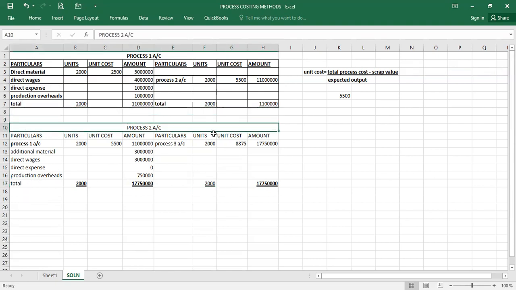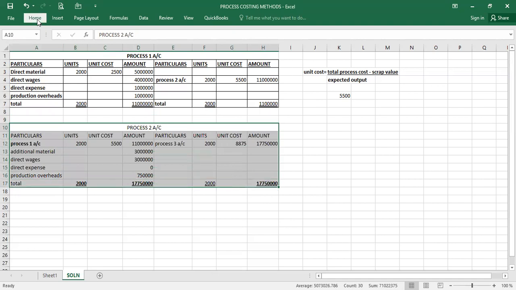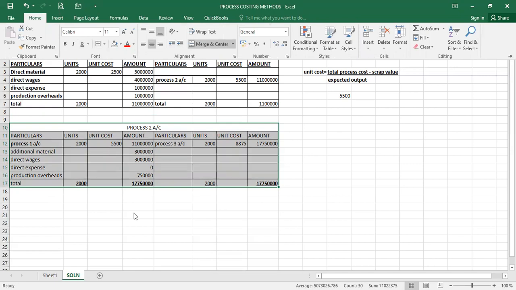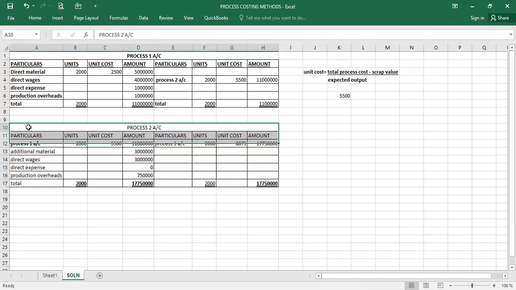And that one will be done. Put in the borders so that the work looks a bit unique. Here, these are the totals. So that's the process 2 account.